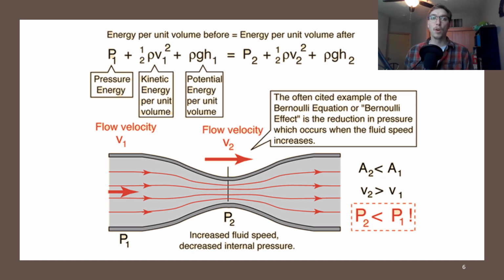If we look at the equation up top, energy per unit volume before equals energy per unit volume after: pressure 1, or pressure energy, plus kinetic energy per unit volume plus potential energy per unit volume is going to equal the same thing on the other side of the equation. So what you see is an increase in fluid speed when you have a smaller pipe, for example, and a decrease in internal pressure.